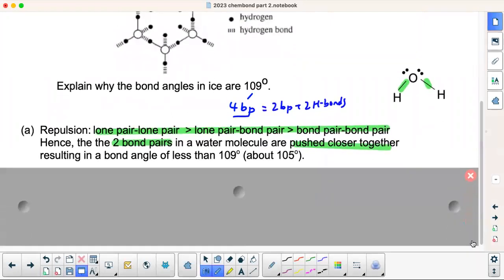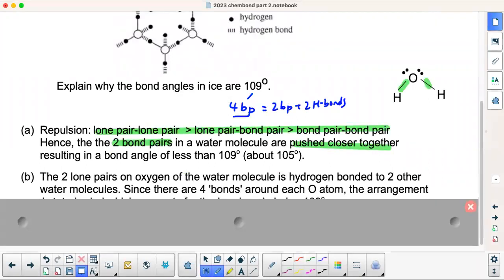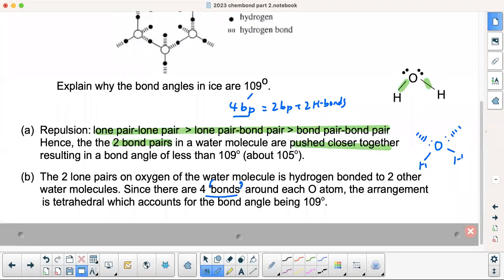I'm just going to show you. The 2 lone pairs on oxygen are hydrogen bonded to 2 other water molecules. They're talking about these 2. So you'll say there are 4 bonds. But I think I put a bracket here, because it's not really 4 bond pairs. The bonds are the bond pairs and the hydrogen bonds. So there are 4 bonds around each oxygen.